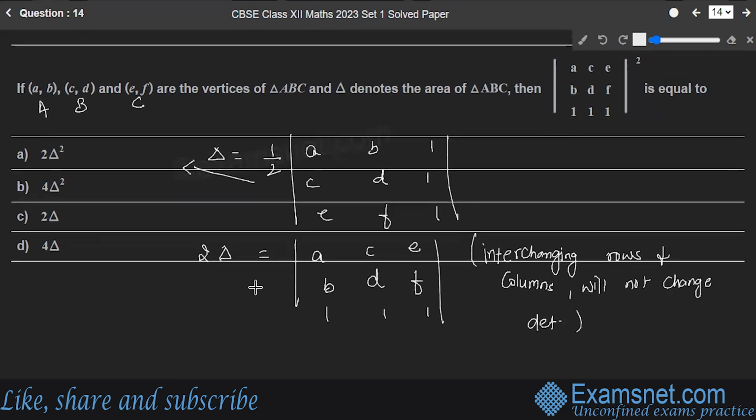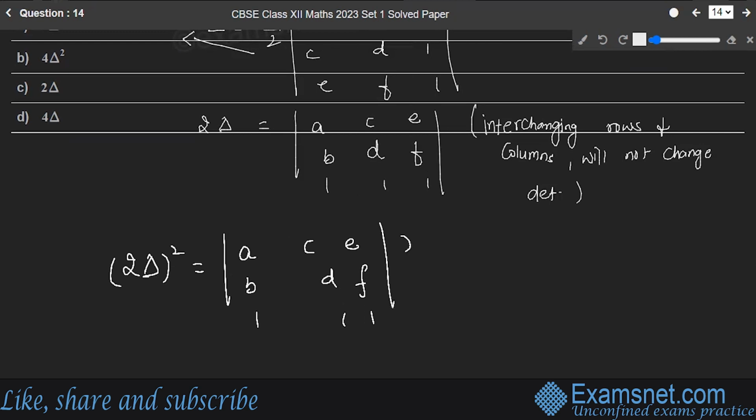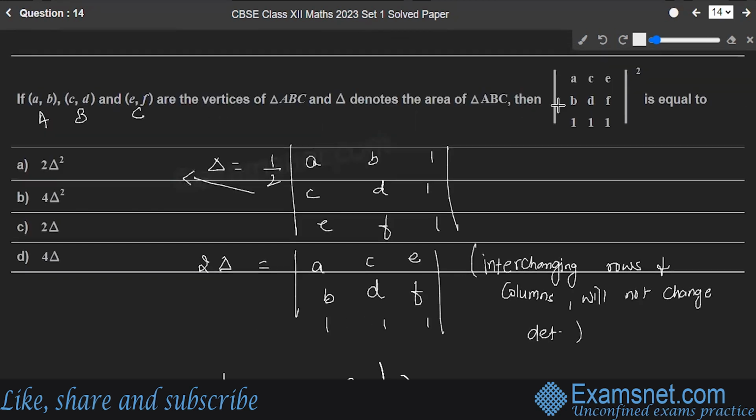So now you have 2 delta is equal to the determinant of [a c e; b d f; 1 1 1]. Let's square both sides. You have 4 delta square is equal to the determinant of [a c e; b d f; 1 1 1] whole square. This is what you need to find out in the question. So the determinant squared is equal to 4 delta square. Option P. Hope you got that.